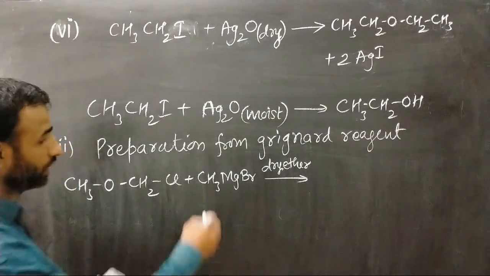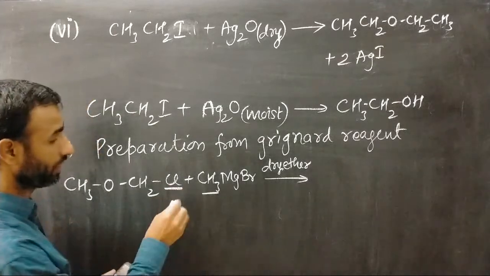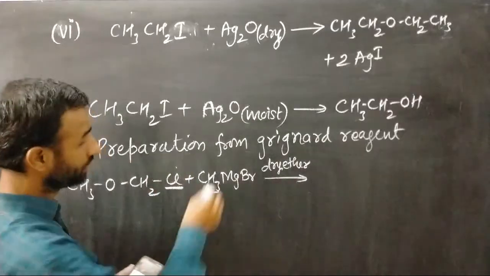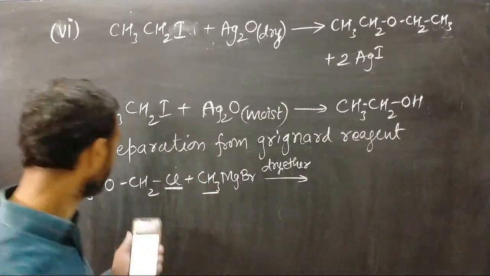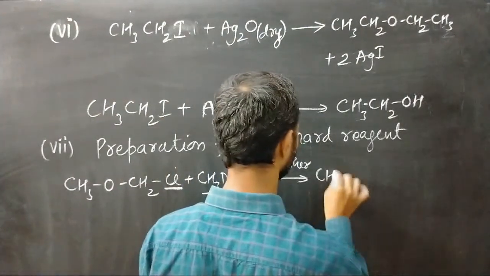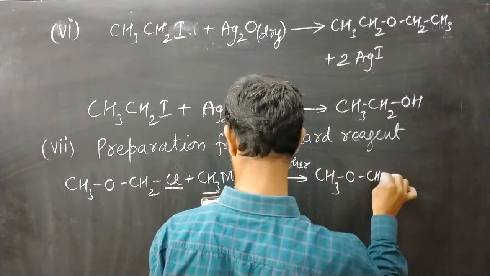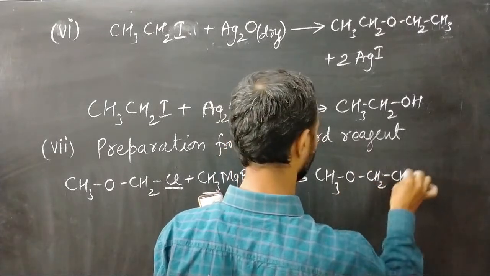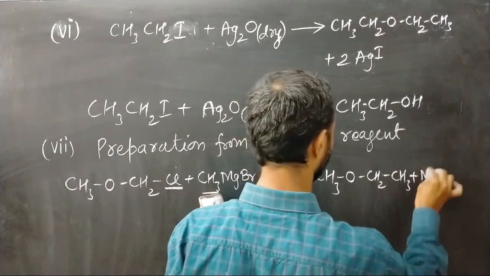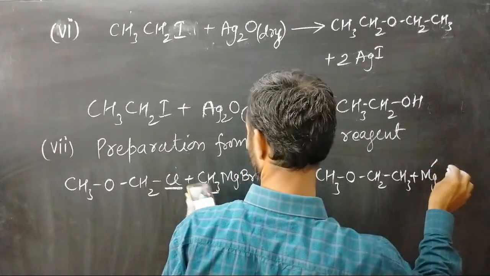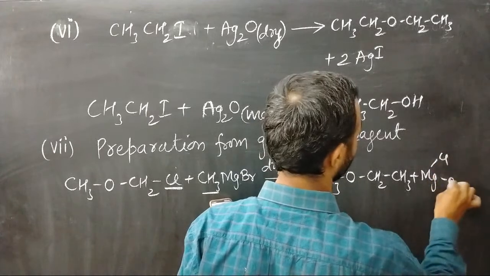So CH3 and Cl. Cl is negative here, CH3 is negative in this. So Cl is replaced by CH3, very good, along with MgClBr.